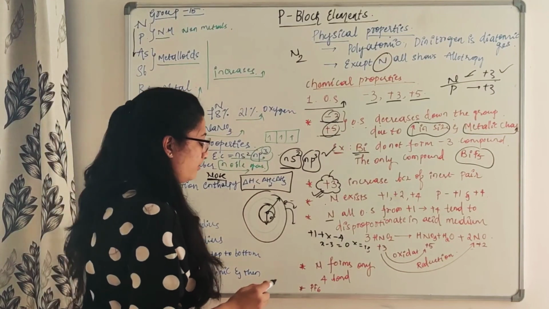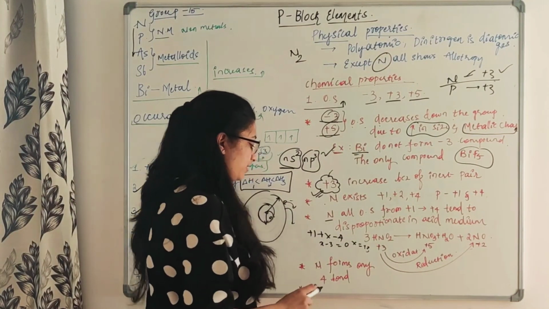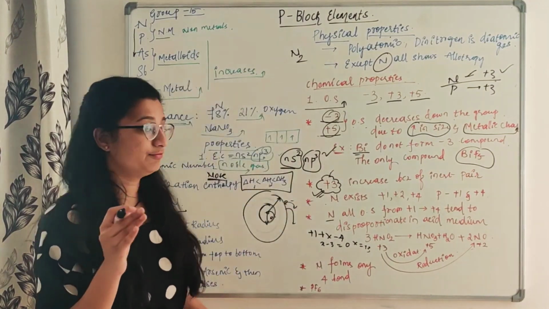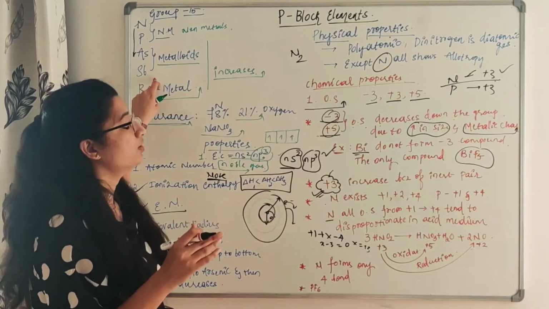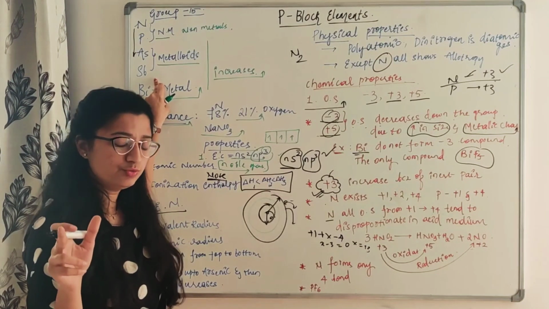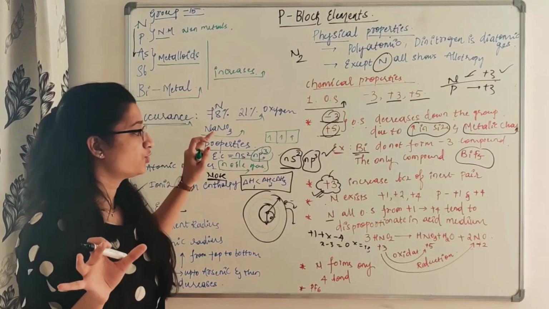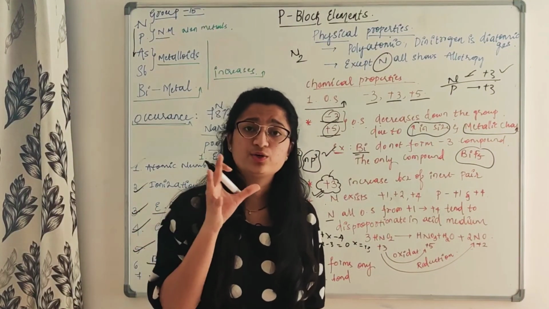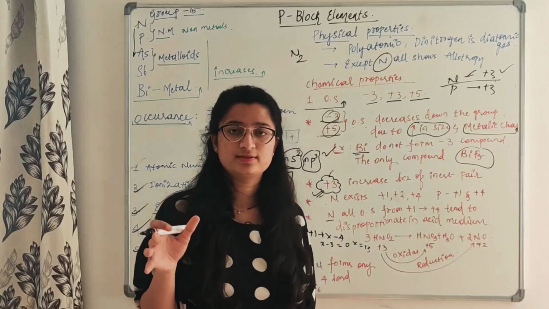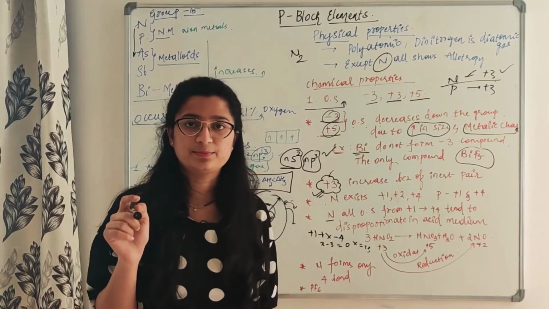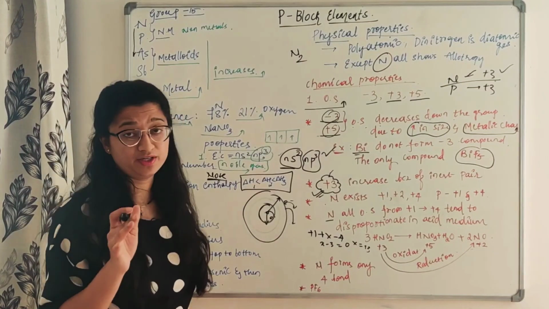Next, one more thing you have to remember is about group 15 elements. We know that 5 valence electrons will be there, ns2 np3, that means 5. So it has to show 5 covalent bonds. All other elements will show this except nitrogen, which is very important.